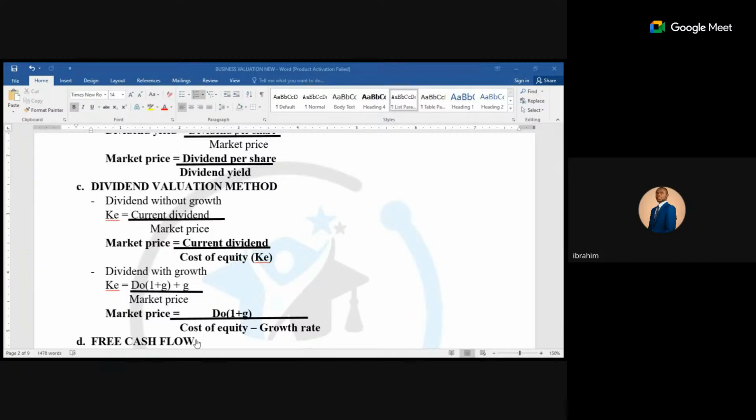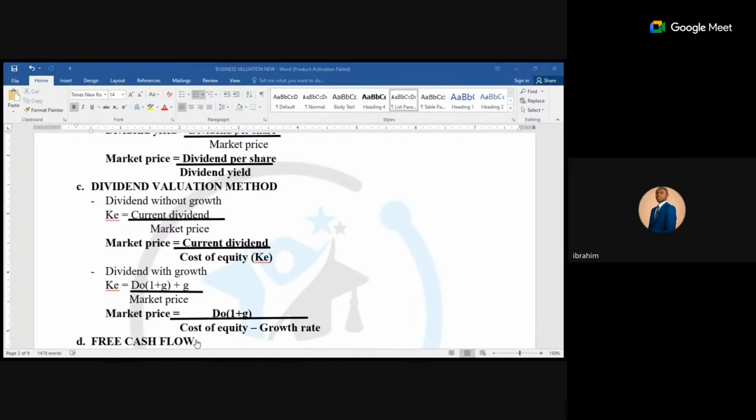One of the disadvantages of this method is that it is mainly used for a dividend paying company. It is only when a company pays dividend that you can use this method to value the business.